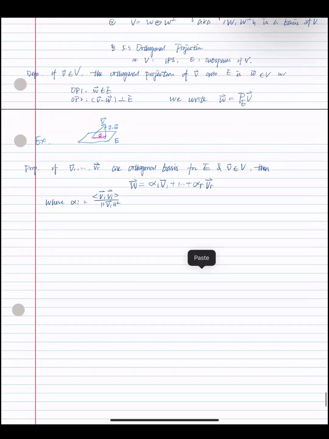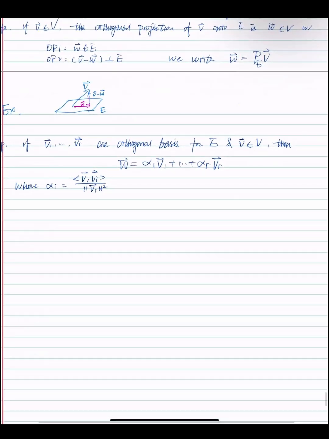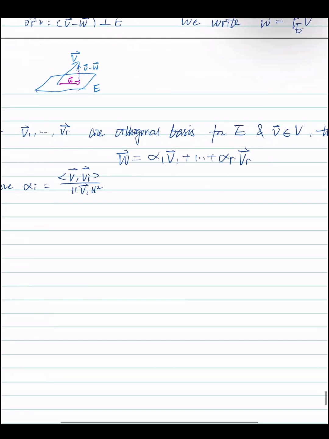And like the definition of alpha I for the orthogonal basis. Yes. And so if we define it like this, then it will satisfy OP1 and OP2.